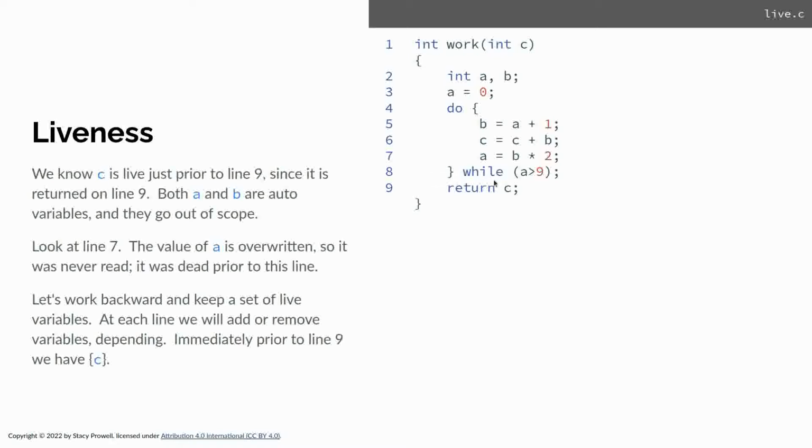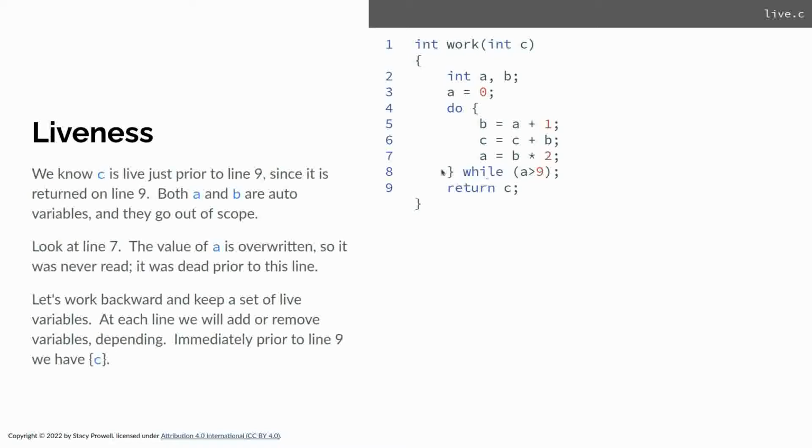Immediately prior to this, C is live because its value is about to be used. A and B, right here prior to this line, are dead. They're dead because they're about to go out of scope. Nothing uses their value. Here I return, the stack gets cleaned up, and I'm done. So C is live, but nothing else is live right here.